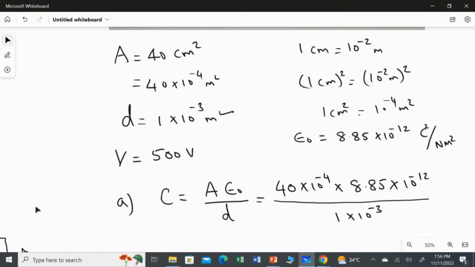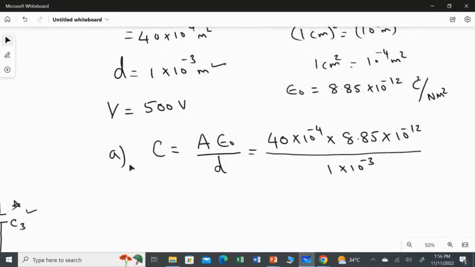Now when you calculate all these things, you will get the capacitance of the parallel plate capacitor. So I calculate 40 multiplied by 10 power minus 4, multiplied by 8.85 times 10 power minus 12, divided by 1 multiplied by 10 power minus 3.